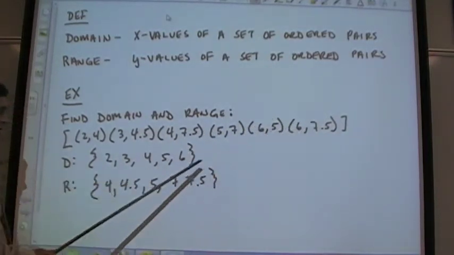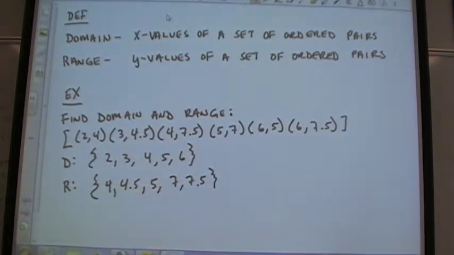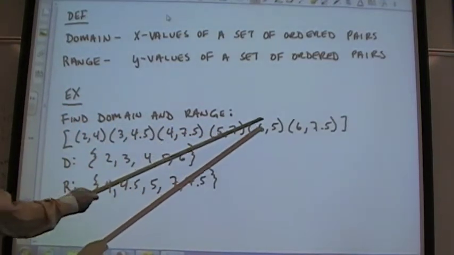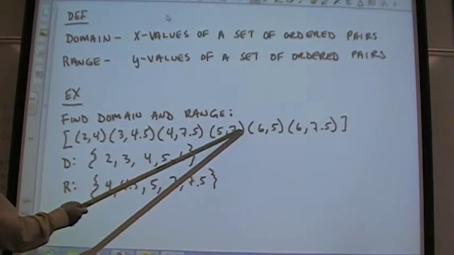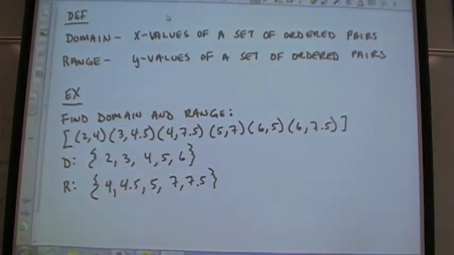I don't repeat the 6. There are 2 sixes up here, but I only put 1 down. Same with range. List all your y values, least to greatest: 4, 4.5, 5, 7, and there are 2 7.5s, but you can just put it once. Make sure you go from least to greatest for domain and range.